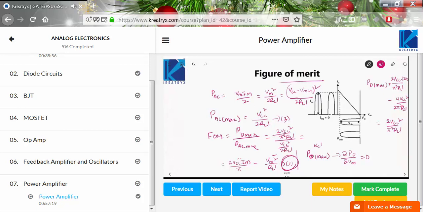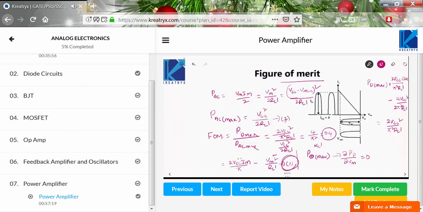So this is equal to 4 by pi square, which is 0.4. So this is the figure of merit of class B transformer coupled amplifier.